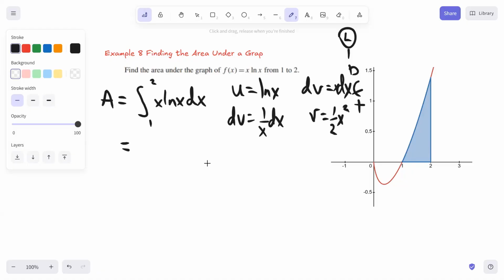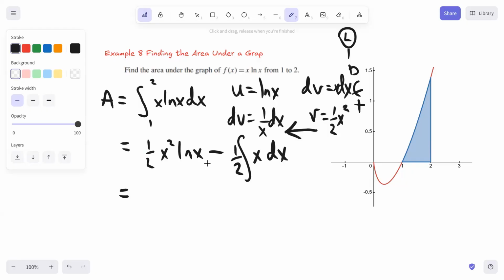So uv is going to be 1/2 x squared natural log x minus the integral of 1/2 x squared times the 1 over x, which is just going to be x dx. So you would have 1/2 x squared natural log x minus 1/4 x squared. And then with this, we can plug in 2 and 1 and subtract.